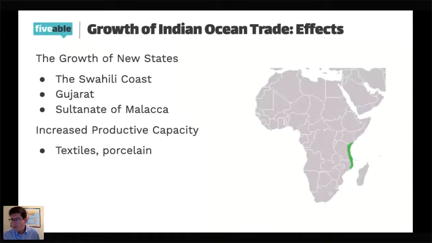Yeah, Kilwa, Mombasa, Mogadishu. I know I'm missing some of them, but I'm trying my best. Along the Swahili coast, these independent trading city-states became very important for trade in this region.